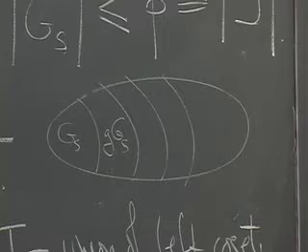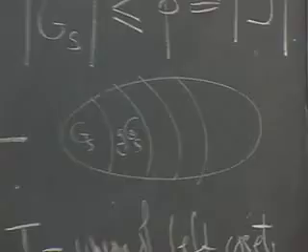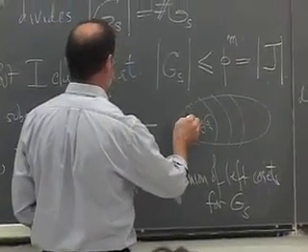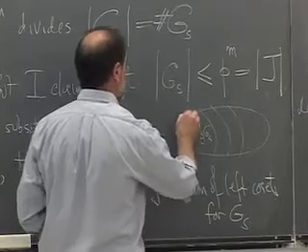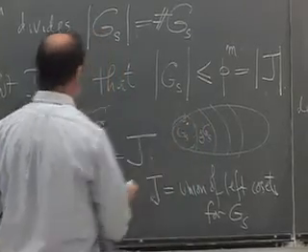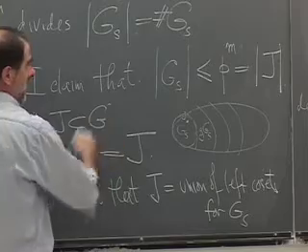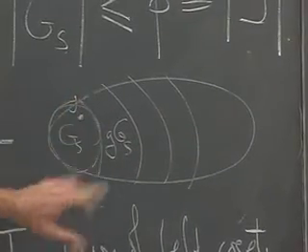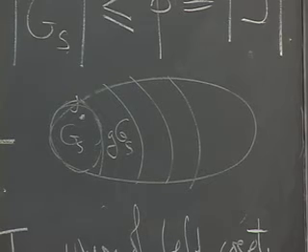Let's see if I've got it the right way. If I have an element in one of these cosets, suppose I have an element in this coset, J, then I claim that I have all of GS in J because G stabilizes that by left multiplication. So I stay in that coset, and I can get anything in that coset from anything else in that coset by translation by GS.